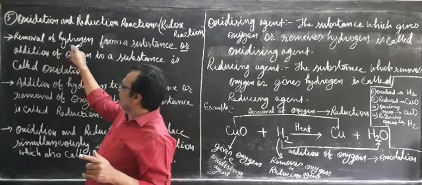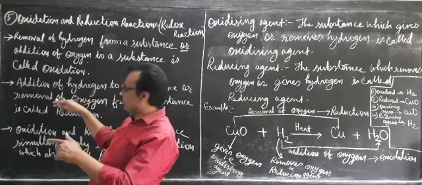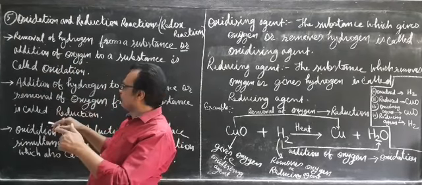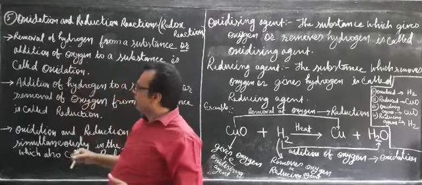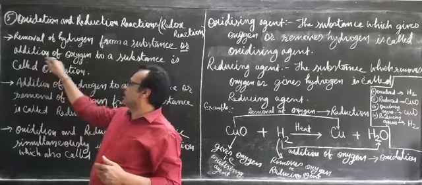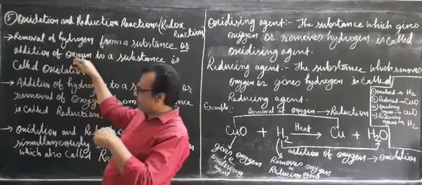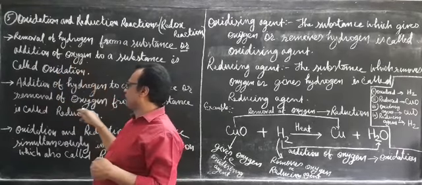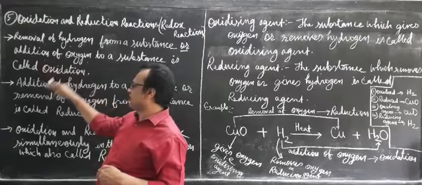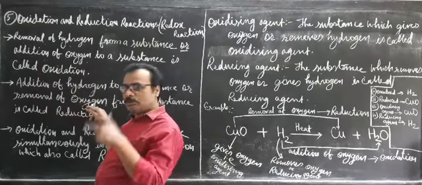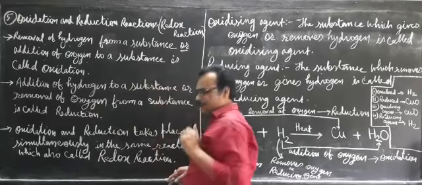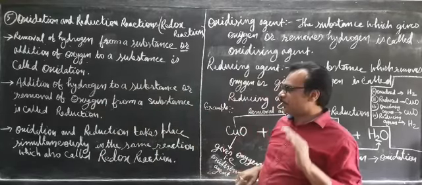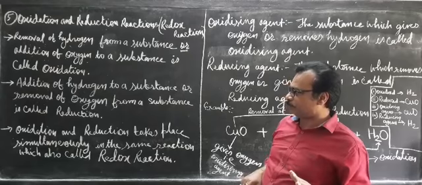So removal and addition of hydrogen both take place in the same reaction. That is why oxidation and reduction both take place. Again, if you observe an addition of oxygen, in the same reaction you will observe the removal of oxygen. So oxidation and reduction take place in the same reaction simultaneously.